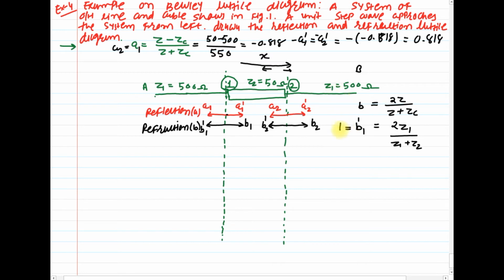So b2 is equal to b1 dash, which is equal to 2z1 divided by z1 plus z2. Clear? Just substitute the values and you will get the final answer, which is 1.82.